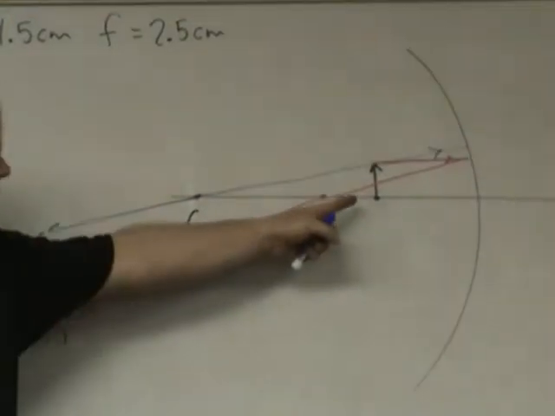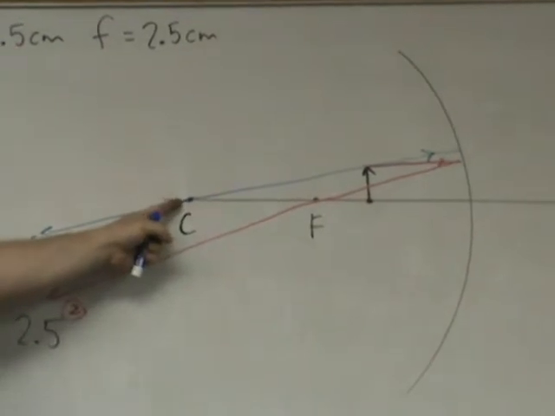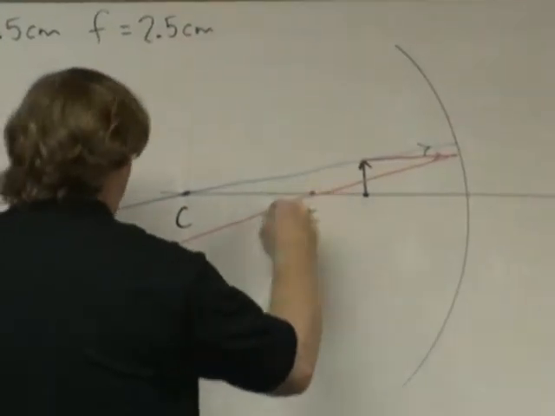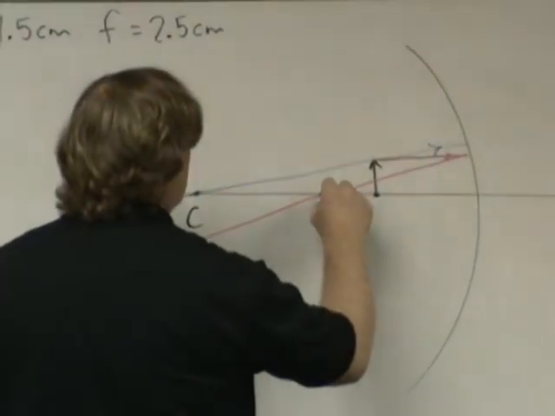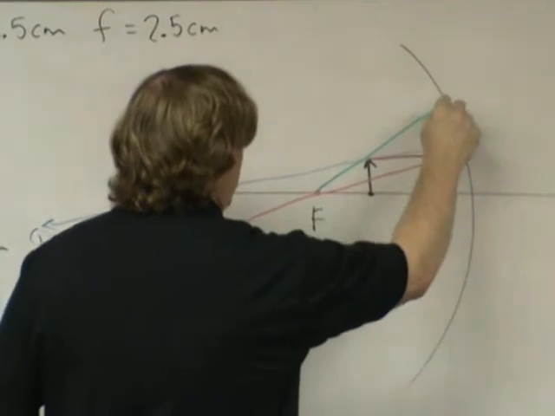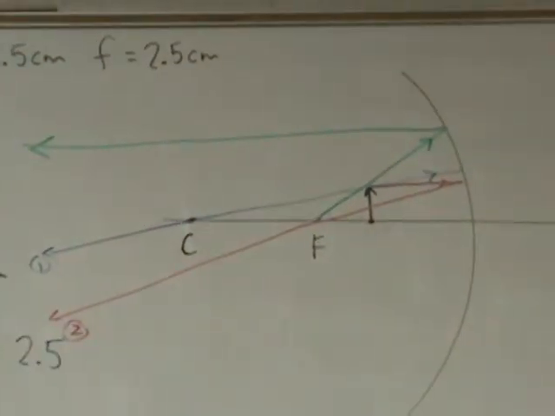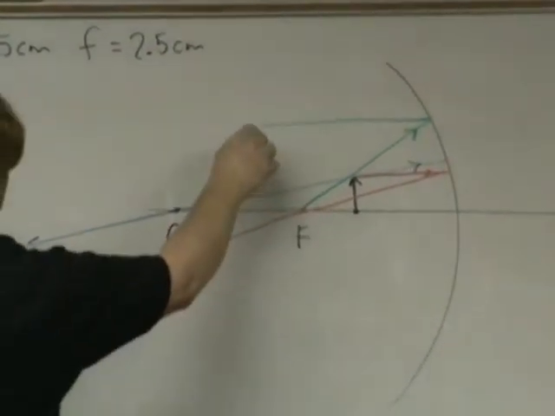But you'll notice my object is to the right of the focus. So just as I did with the center, just as I did with ray 1, I'm going to have to start from the focus, pass through the object, hit this mirror, and then come off parallel. Oops. Did I kind of mess up the parallelness? Okay.